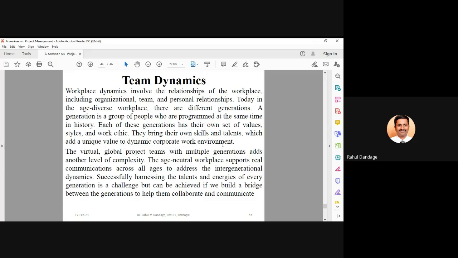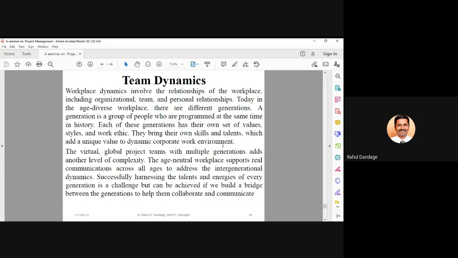If you consider you and your father, and you and your friend, which is the same generation? You and your friend are of a common generation because you have grown up in the same period of time. You have been in an environment which is the same for both of you.